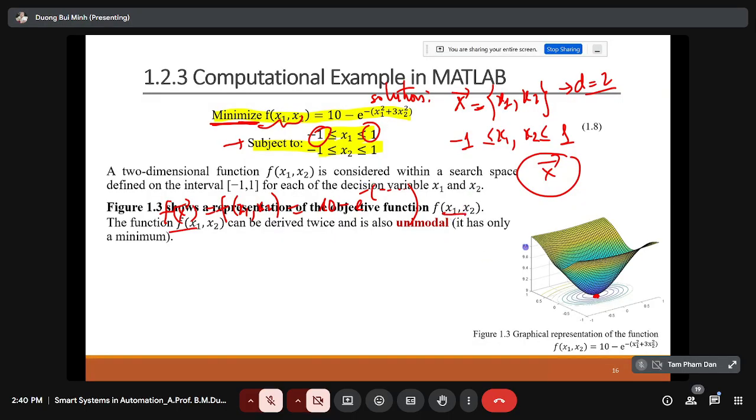We are very lucky because this function is unimodal. What does unimodal mean? It means we only have one minimum point here, so we say unimodal. If we have this other case, we need to be careful because we have two minima. This is multimodal.